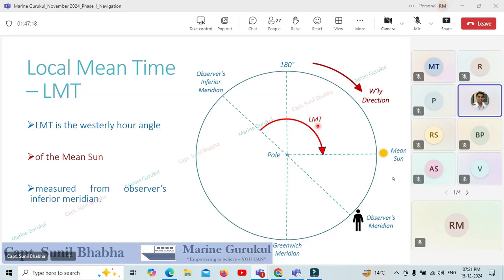When the sun moves around 360 degrees of meridian, it constitutes one day, which comprises 24 hours. So 360 degrees refers to 24 hours, telling us that 15 degrees is equal to 1 hour. So using this conversion factor of 15, we can convert this angle into hour, minute and second, and vice versa.